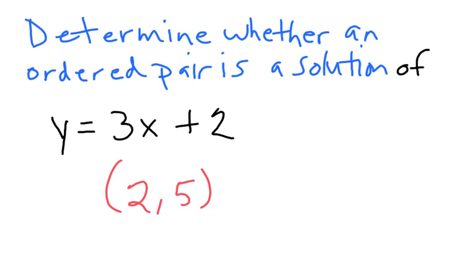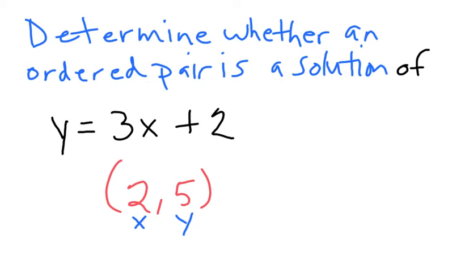To determine or decide whether an ordered pair is a solution of an equation, you take the ordered pair and you remember that x comes first and y comes second, and you substitute both numbers in for the x and y in the equation, and you see if it works, if it makes it true.